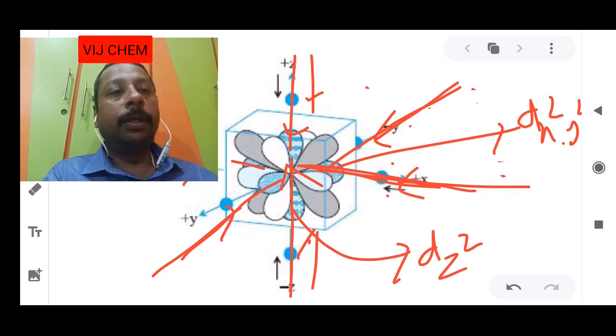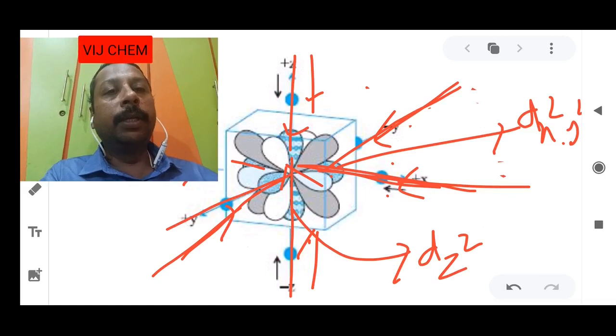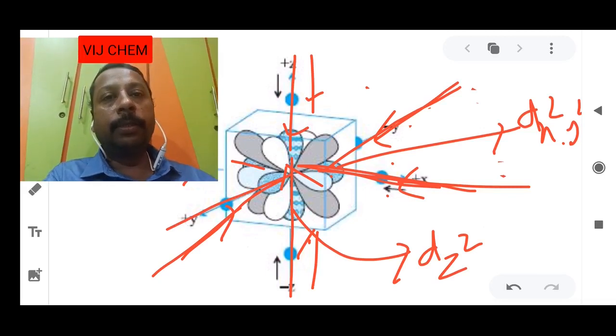Dz square and dx square minus y square, because the ligands are coming straight onto them. 4 ligands are coming onto dx square minus y square, 2 ligands onto dz square. Therefore, they will feel more pressure.